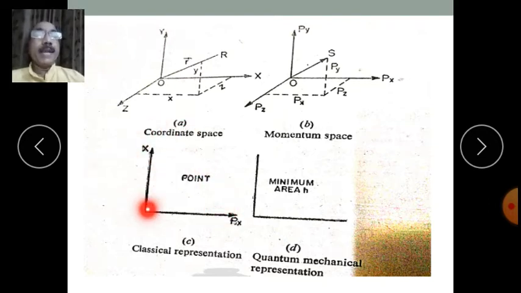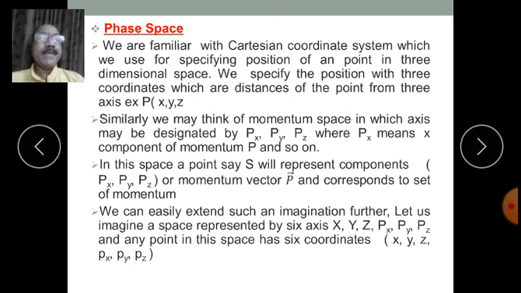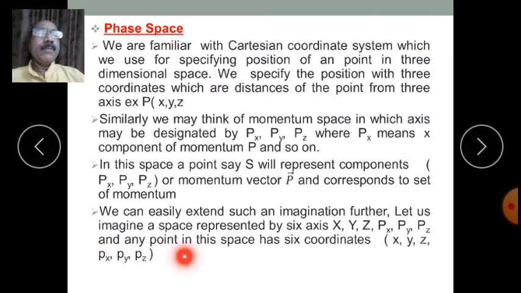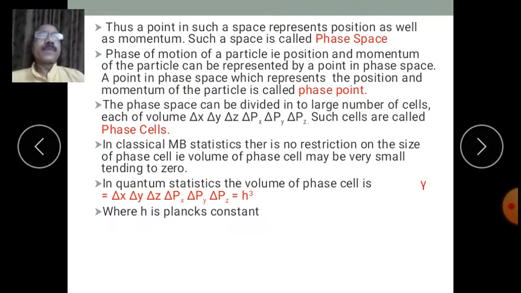Similarly, we can imagine a space having six axes, x, y and z, and px, py and pz. So any point in this space has six coordinates, x, y and z, px, py and pz. Thus a point in such a space represents position as well as momentum. Such a space is called phase space.